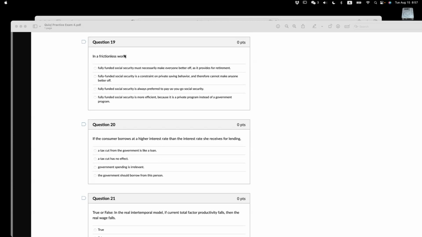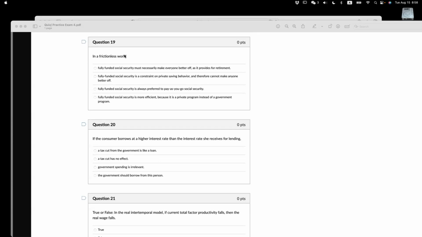Essentially, it's going to distort your choice because you are asked by the government to save, right? But a fully funded social security system helps us when there's friction in our financial market. The friction includes that households may not be able to save enough, like a commitment problem, right?